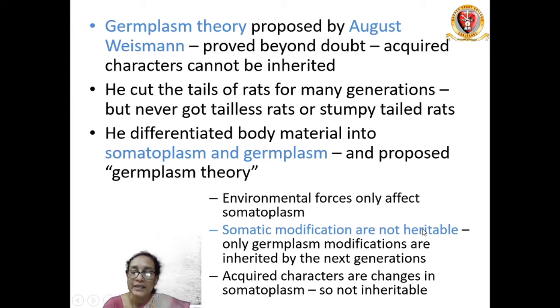So he said environment can only affect the somatoplasm, and these somatic modifications are not inheritable, that is, do not go into the next generation. Only changes that happen in the germplasm are heritable. But acquired characters are changes in the somatoplasm. So, such acquired characters are not heritable.